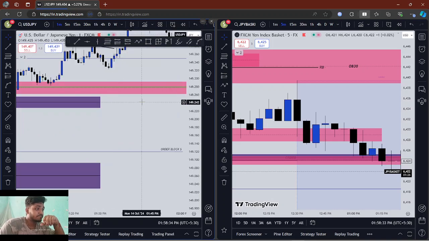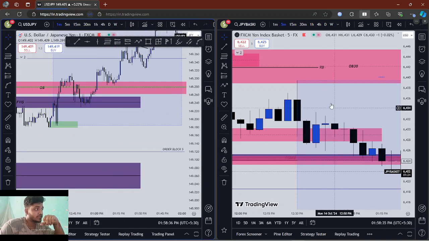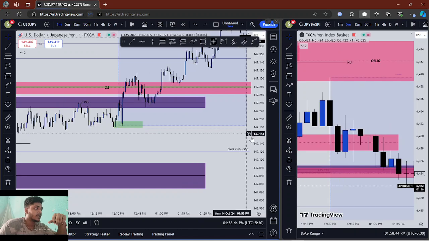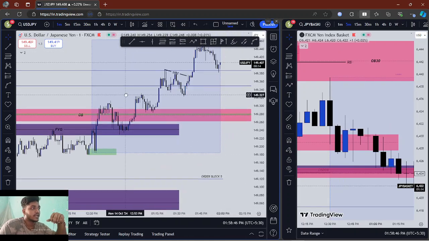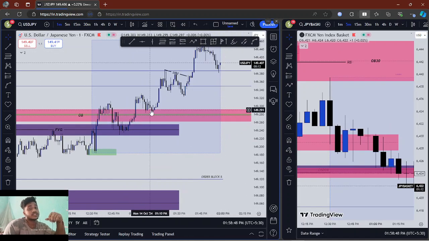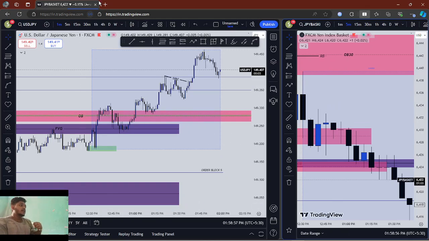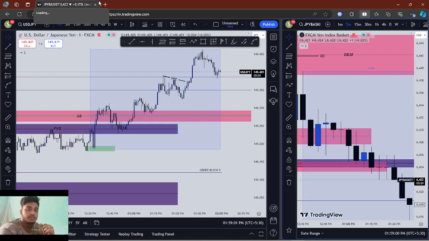Price came down a little bit, but I didn't get any confirmation from the correlated pair from the JPY basket, and I didn't take any trade here. Then I had a little bit of retracement here, which I was thinking of as a market structure shift. Again, I didn't get any confirmation from the JPY basket, so I didn't take the trade. So initially today I wasn't able to take any trade, but that's completely okay.